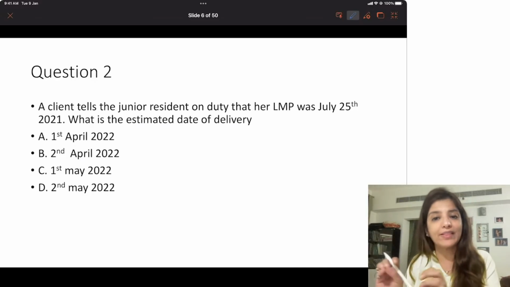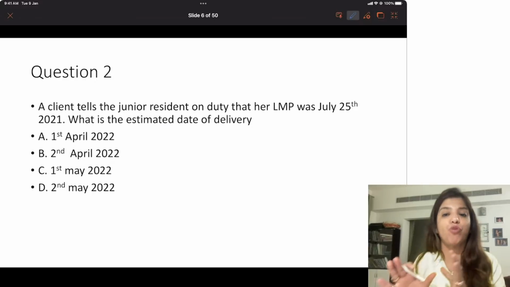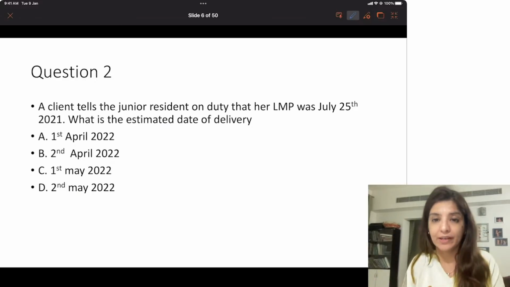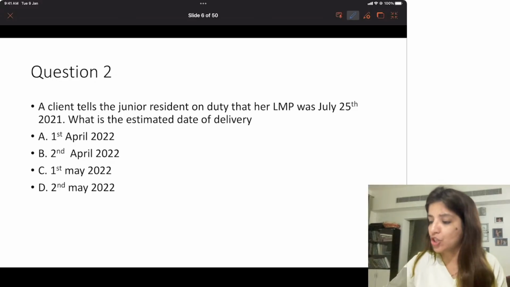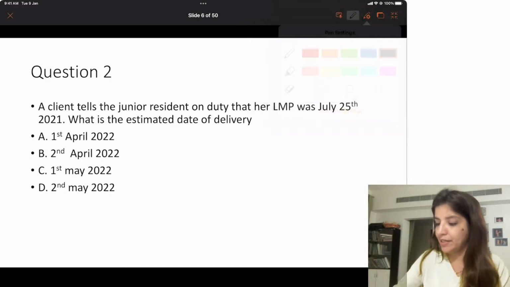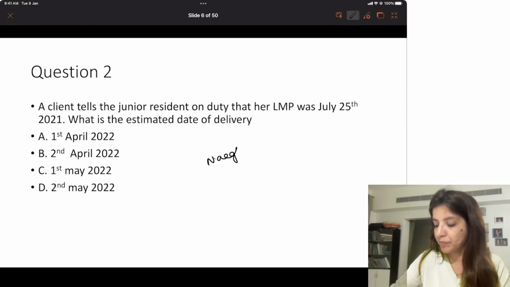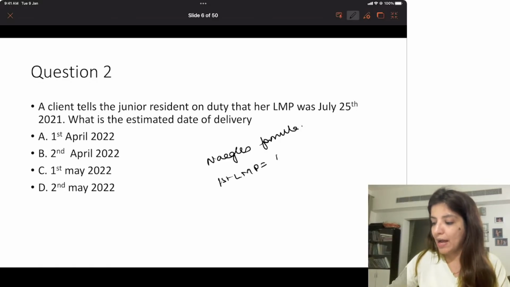Just remember basic things. Basic things you know, and that is Negley's rule or Negley's formula you have to put over here. But how do you apply Negley's formula? This is not any rocket science. Negley's formula is to the first day of the last menstrual period, you have to add 7 days plus 9 months, right?